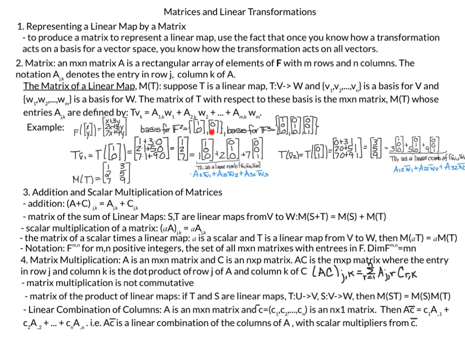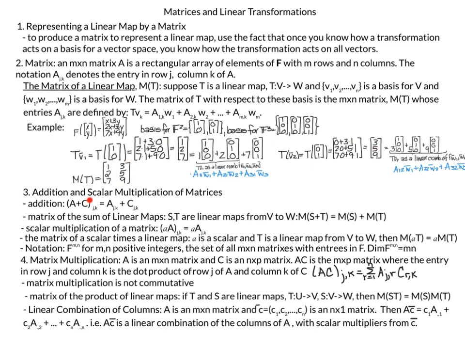We transformed the second basis vector, (0, 1), and we saw it was equal to (3, 5, 9). So the matrix to represent this transformation has the image of the first basis vector, (1, 2, 7), and then the image of the second basis vector, (3, 5, 9).